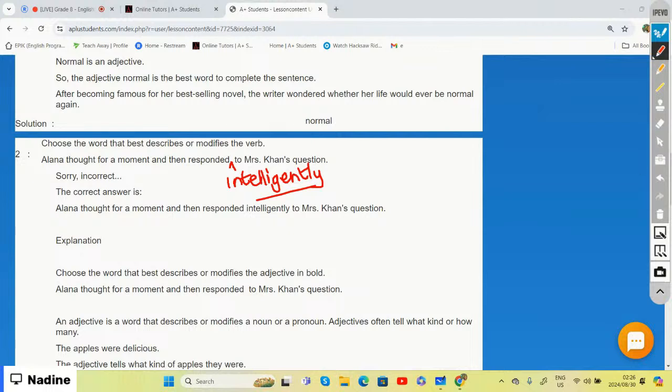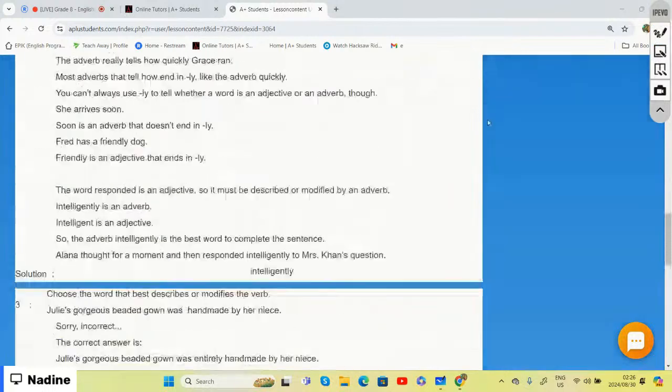So intelligently is our adverb, whereas if we were to use the word intelligent, then intelligent would be our adjective, right? And remember that is why we said not all adverbs end in ly.